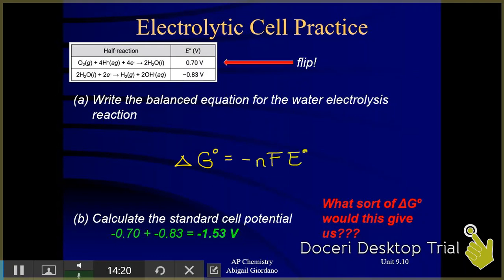Think about this equation. If this cell potential is negative, that is going to give us a positive delta G. Let's refresh our memories on what that means. A positive delta G means an unfavorable process, and that is correct when it comes to electrolysis.